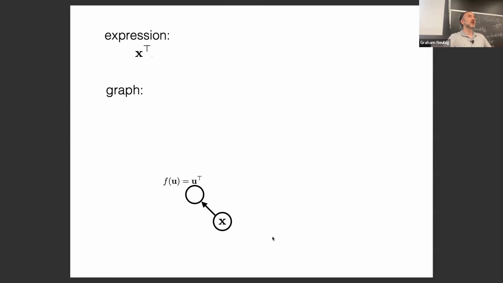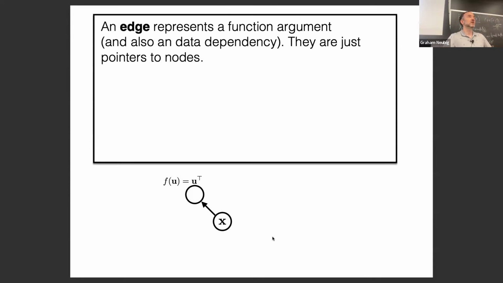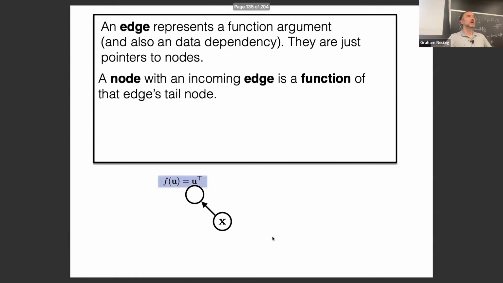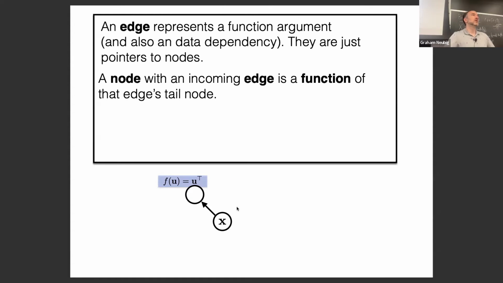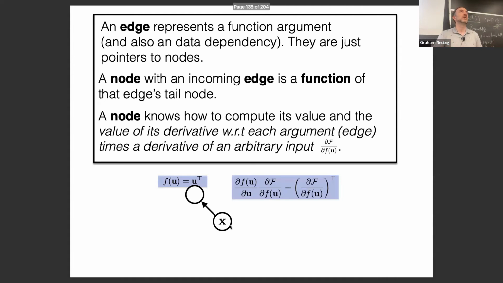But the function can have inputs. And the edge is a function argument, and also a data dependency. And the node with an incoming edge is a function of the edge's tail nodes. So these can be unary, binary, trinary. You can have as many incoming edges as you want. You can also have 0, like in this original one here.